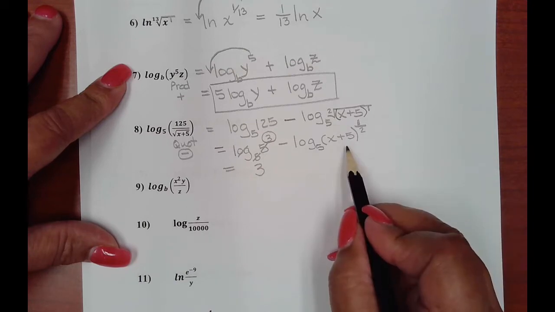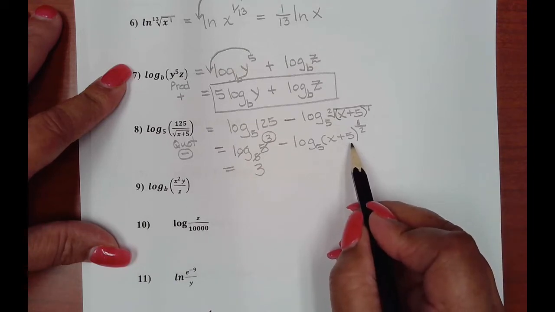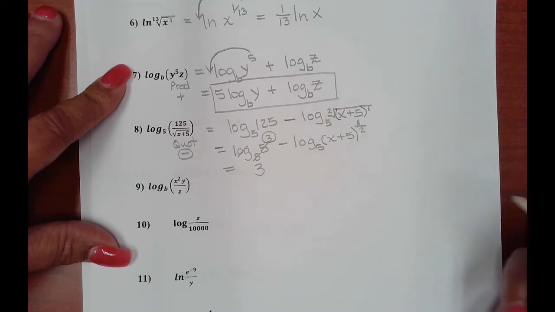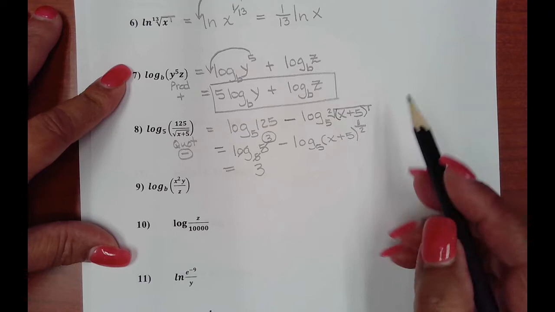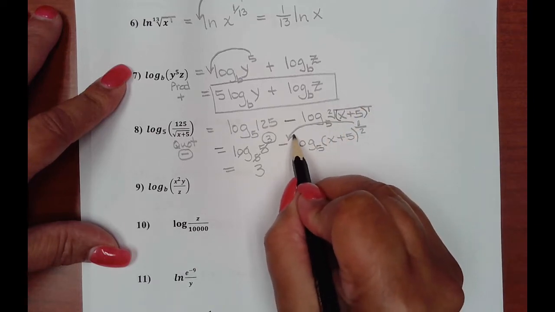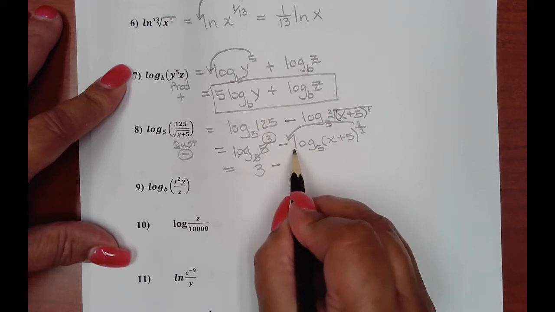What can be done to simplify this further, because you are not to leave your exponents on the argument of your log with anything other than a 1. So therefore we're going to apply the power property. We will bring that exponent right there, right in front of the log.